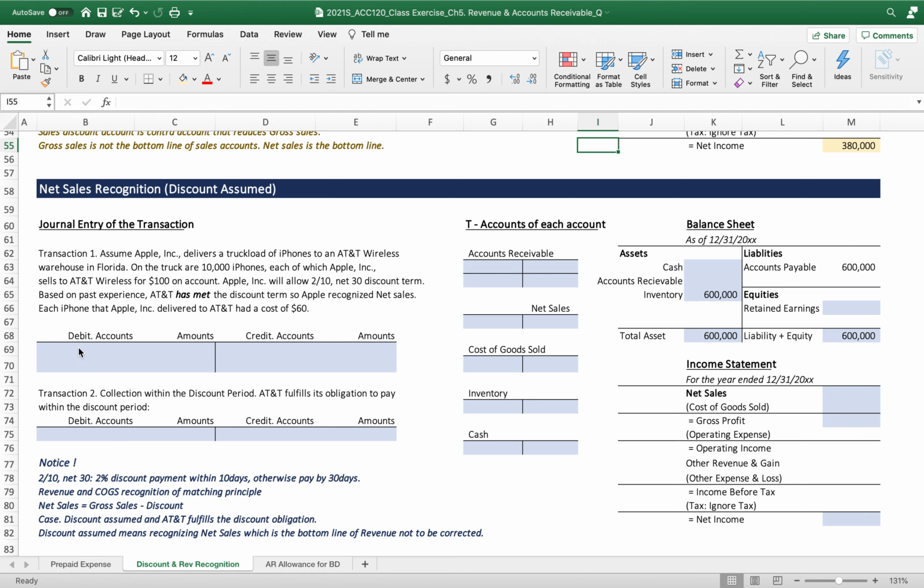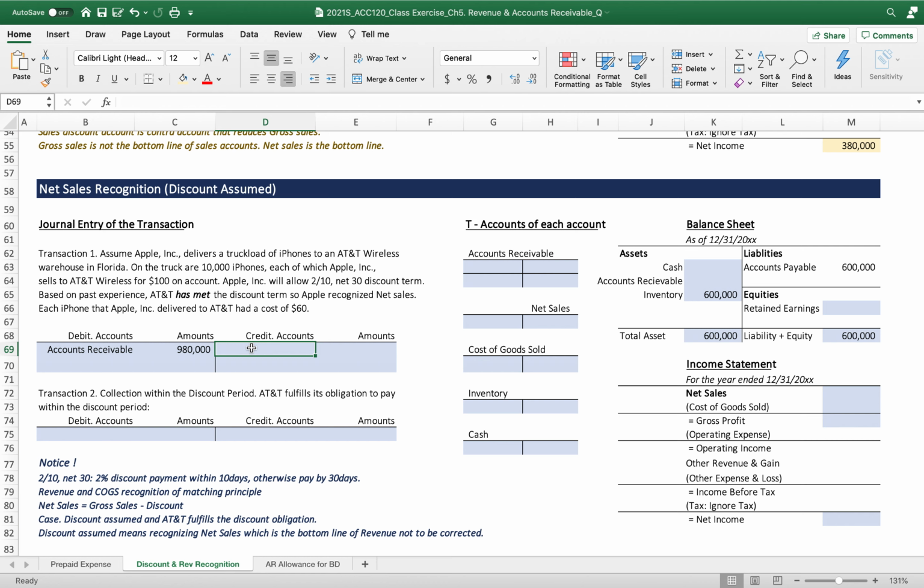So we start from the net sales, already taking into account the 2% discount. For accounts receivable, we should record how much, right? The 2% discount, $100 per iPhone. How many? 10,000 times 98%, so $980,000 accounts receivable, assuming that AT&T Wireless will pay within 10 days to take advantage of the 2% discount.